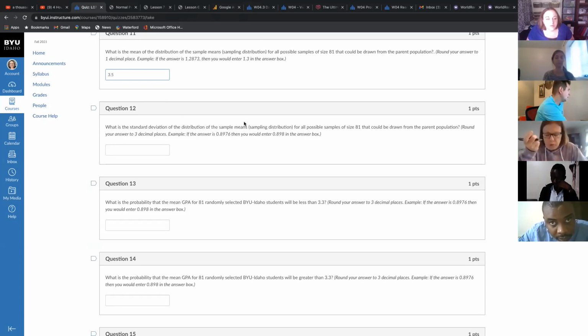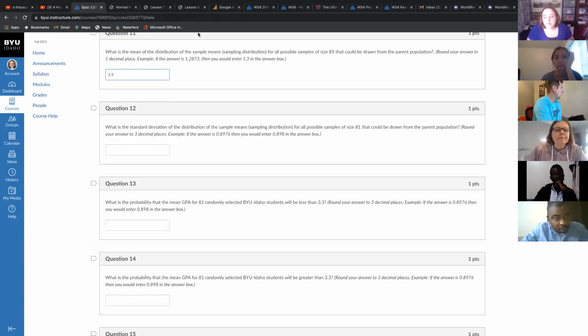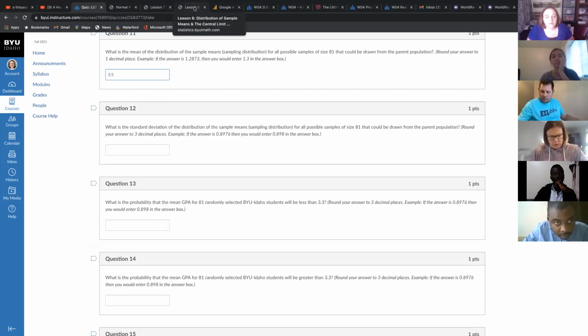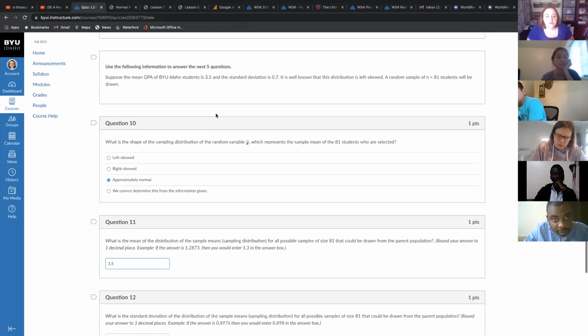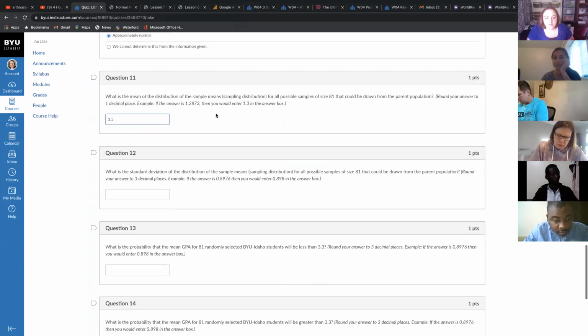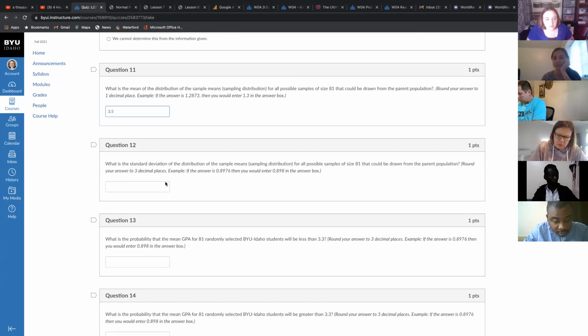So this would be that other formula then. So the standard deviation was what? 0.7. Yes. Divided by 9. So 0.7 divided by the square root of 81. Is that right? Yeah.